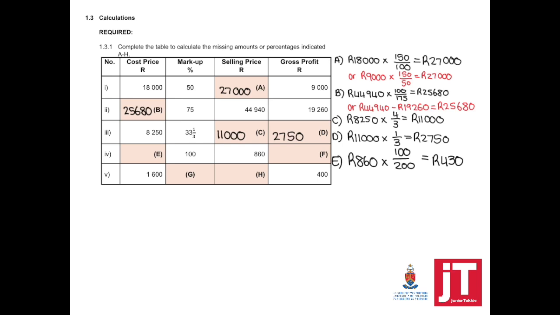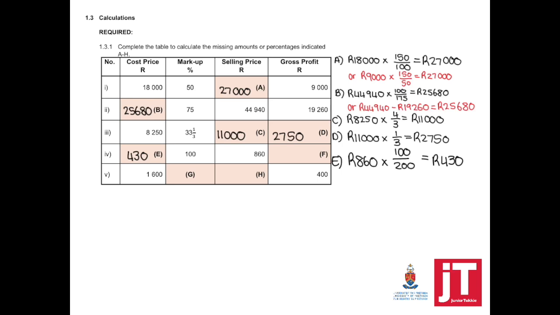To calculate the cost when the selling price is given, times 100 divided by 200. Why 200? It is your selling price times 100 divided by 100 plus the percentage markup. So 100 plus 100 equals 200.